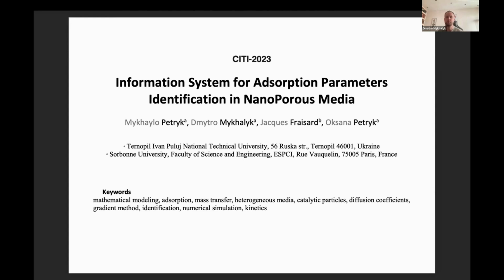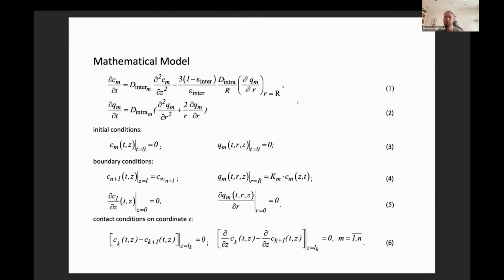Let me start from the ground. At the core of our research is a mathematical model. We believe that the diffusion process can be described as a system of two partial differential equations. The first equation describes the concentration in the interparticle space, and the second one the concentration inside the small particles, which have small parts as well, and keeps the mass.